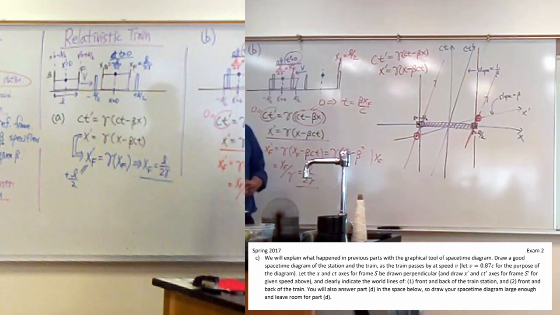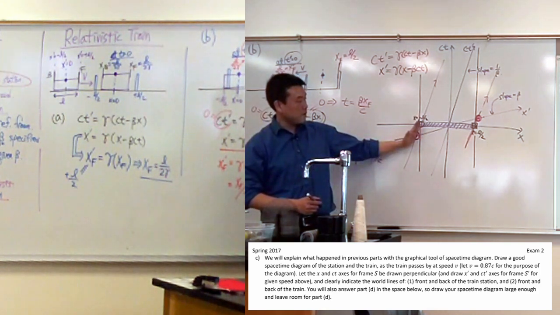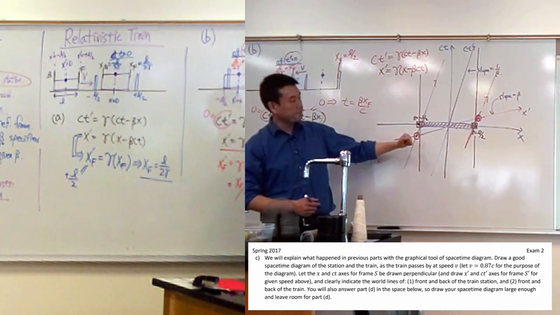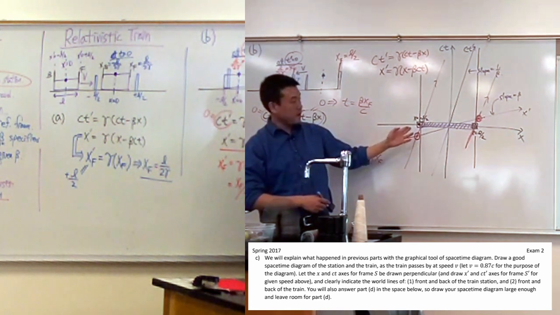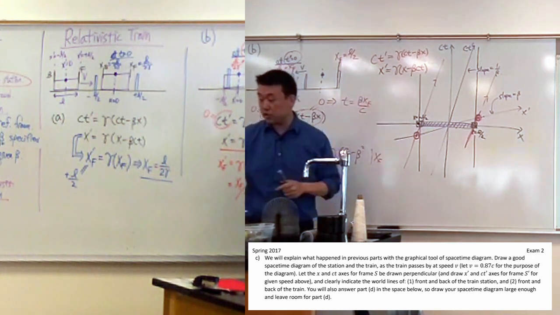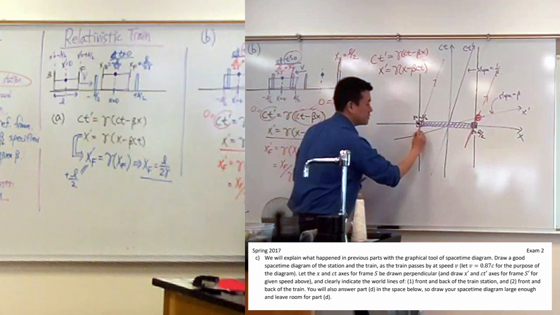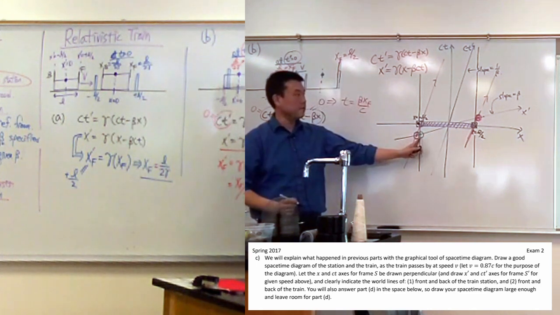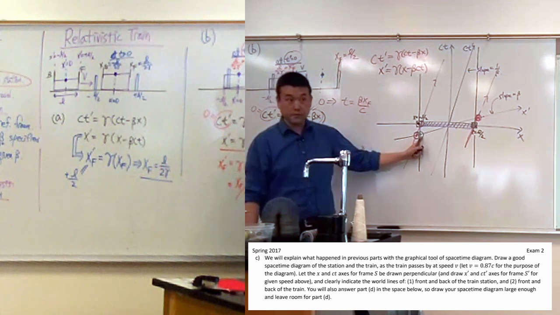And in his own reference frame, at t prime equals 0, the space-time coordinate of the station that he's using for his measurement is this point here. This is the back of the train station at t prime equal to 0.